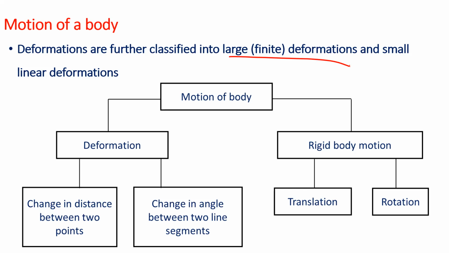And since most of our displacements are small, we also call them infinitesimal deformations. Infinitesimal deformation implies linear. We are especially concentrating on small linear deformations. And when we say small, they're actually very small. Hence, we will use the term infinitesimal, which means very small linear deformations.